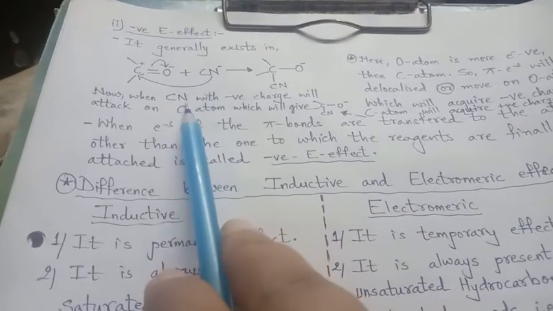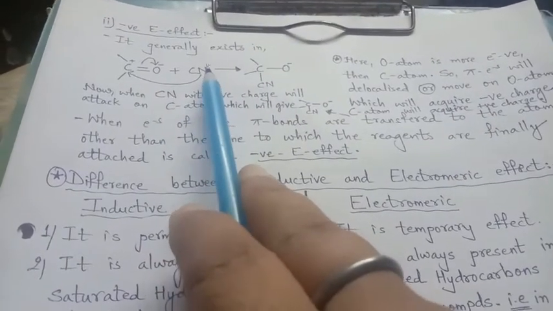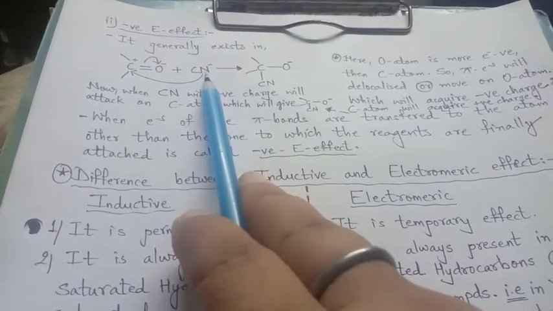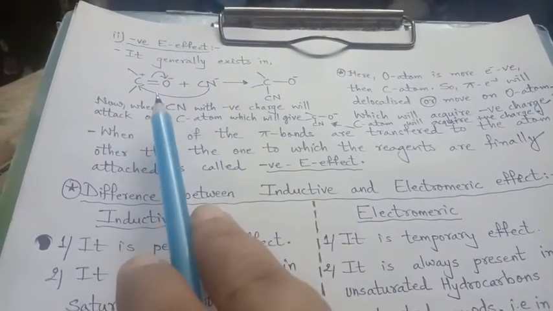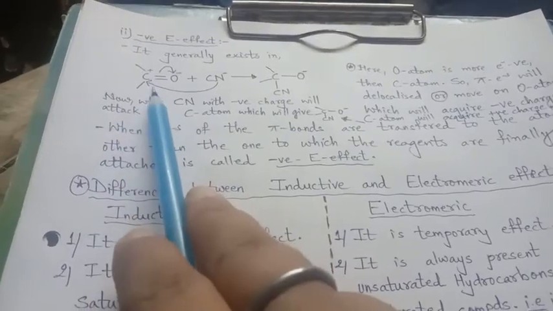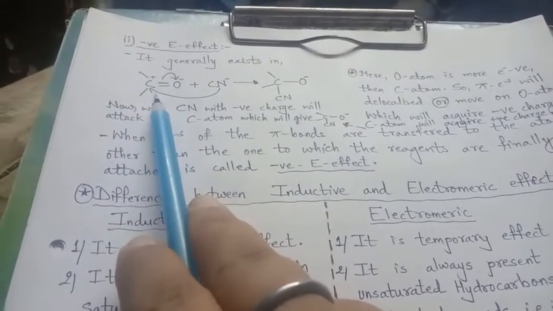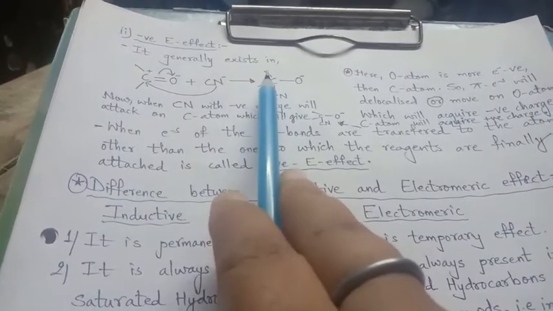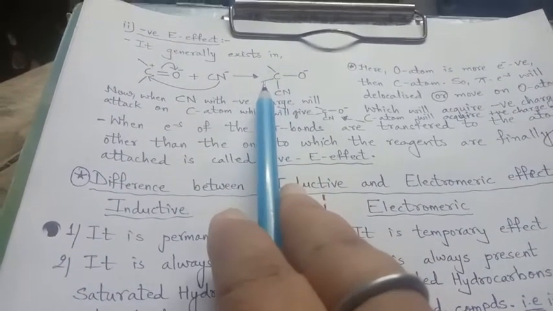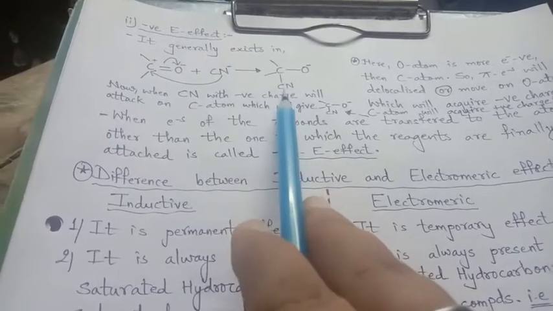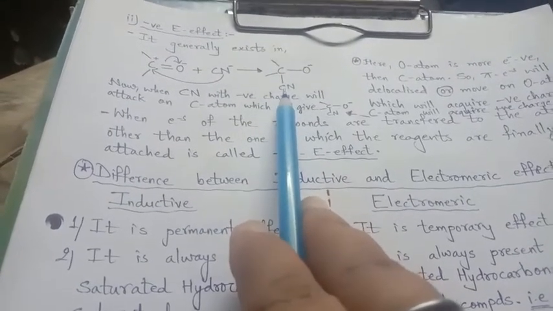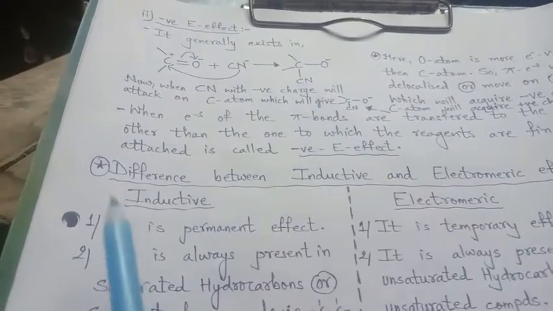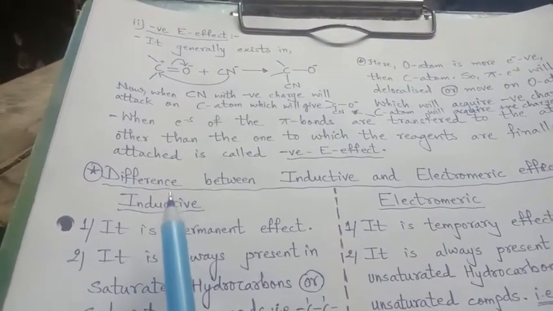Now here the cyano group is negative. So this negative reagent will attack the carbon, which will give the product C with the H bond, CH, and C with the cyano bond, and oxygen with a negative charge.